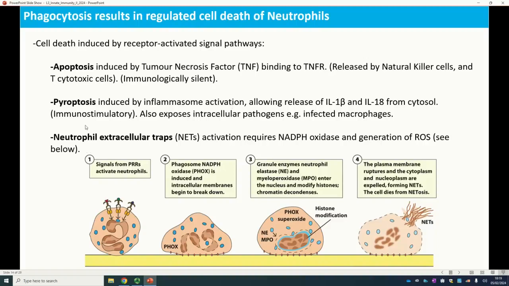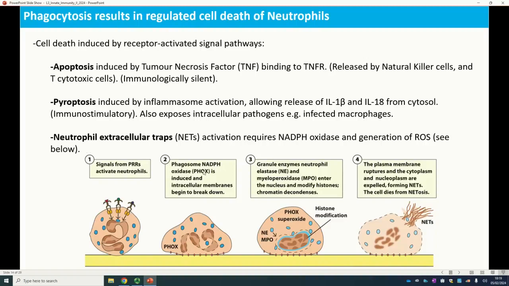And then we have neutrophil extracellular traps, our NETs. This is NETosis that we talked about in the last lecture. The activation of these actually requires NADPH oxidase as well as reactive oxygen species. You can see here we're getting activation of our toll-like receptors, our PRRs on the surface of the neutrophil.